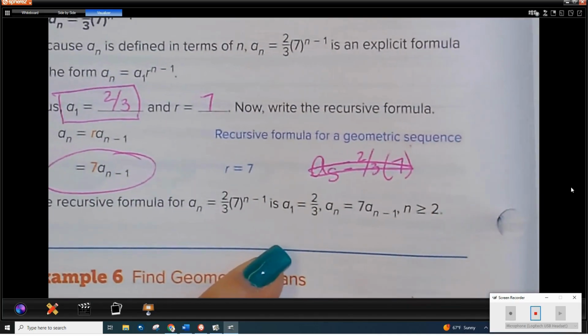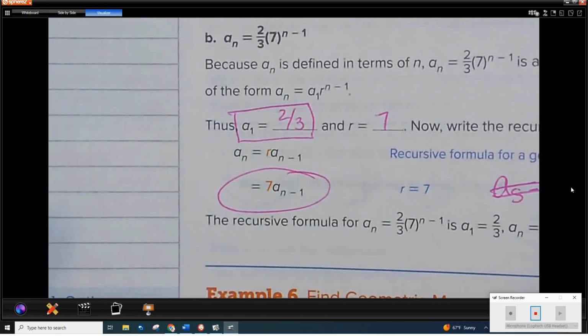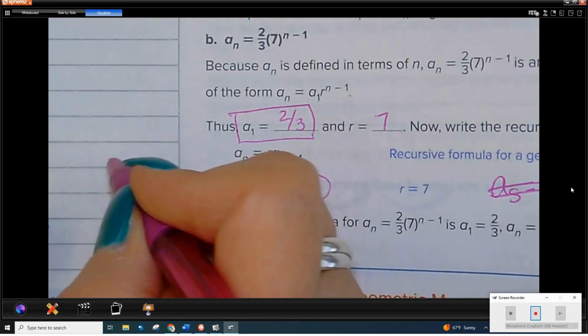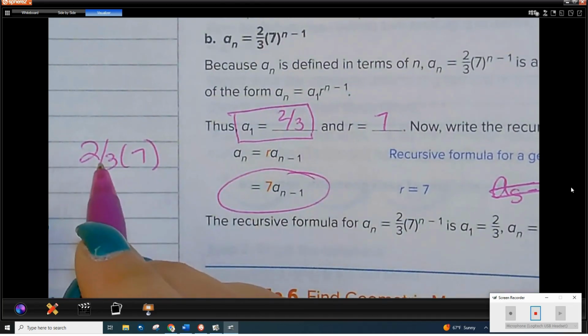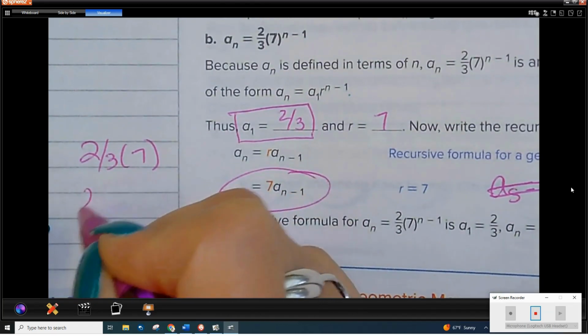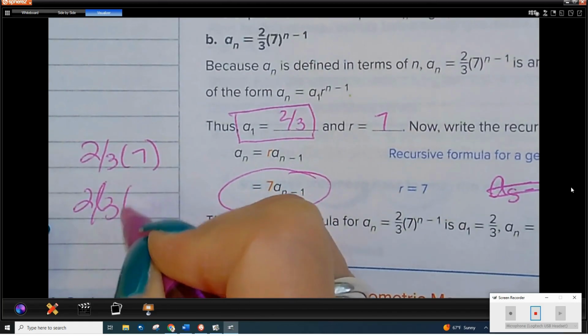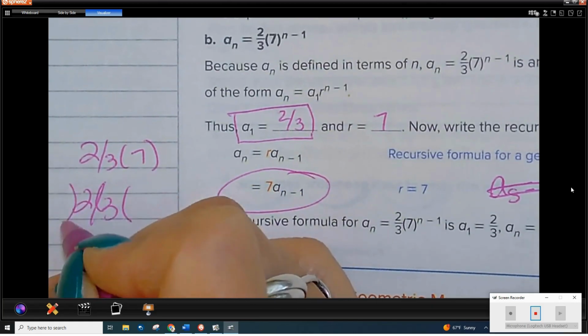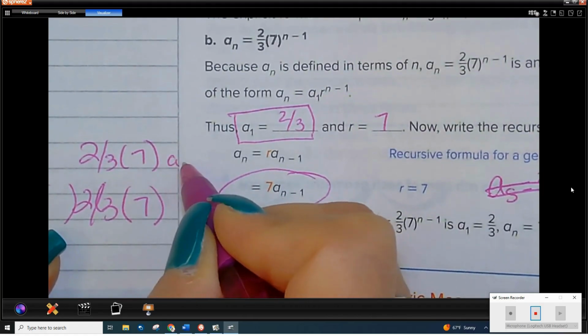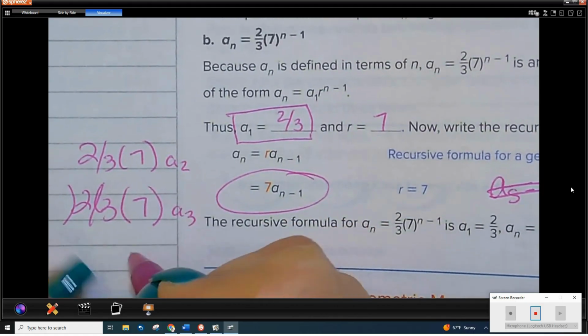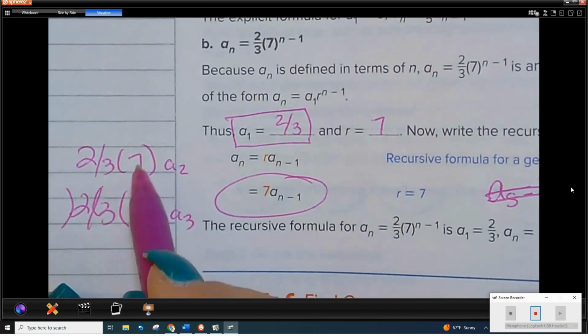I'm sorry. If I want the 5th term for this one, I have to do 2/3 times 7. That's the first term. That's the second term. And then that answer times 7. So this is A2, A3. Do you see you need to get the previous one?